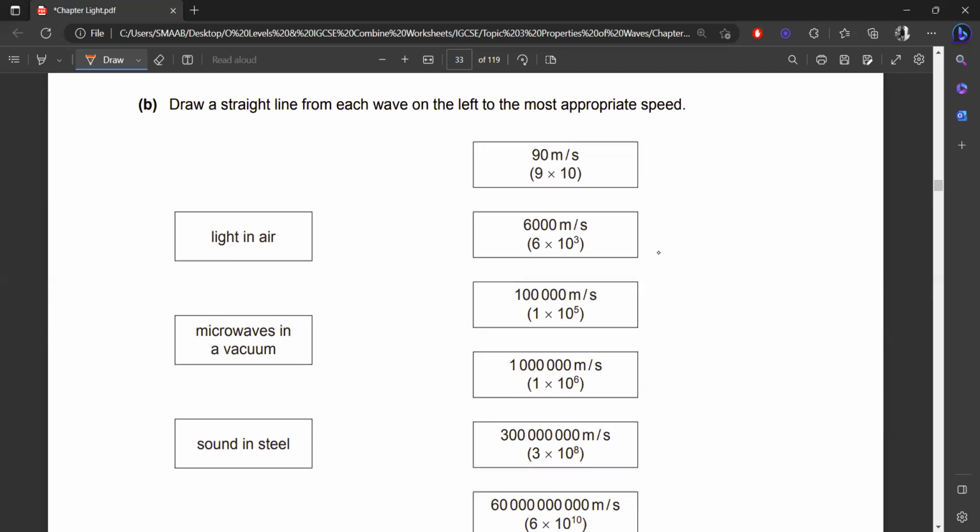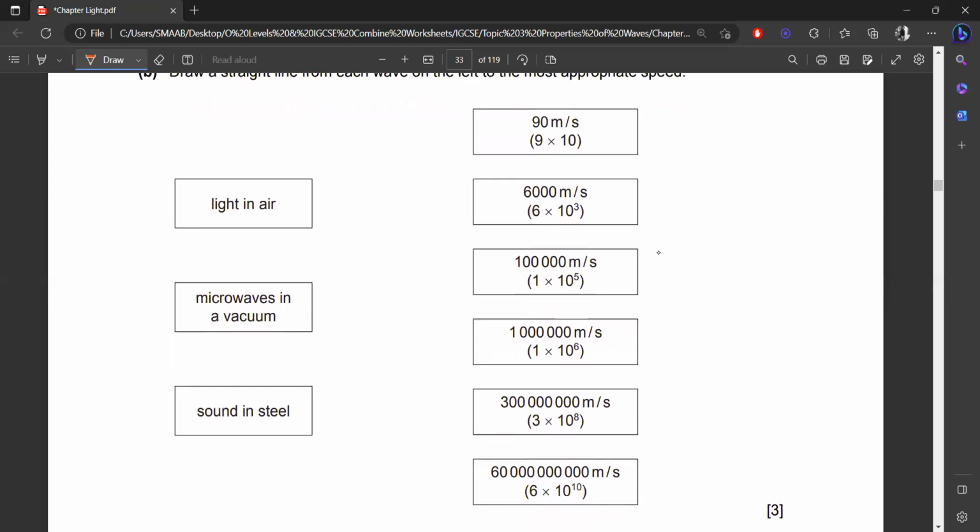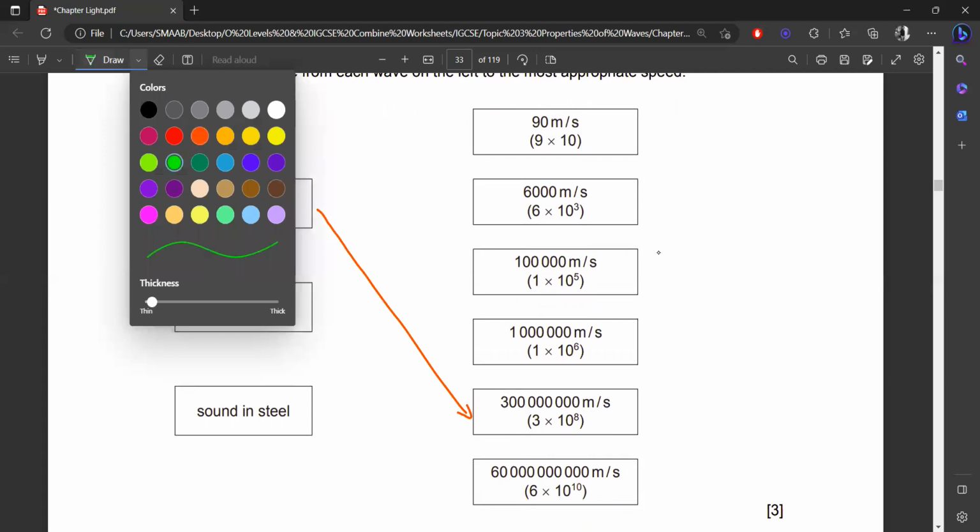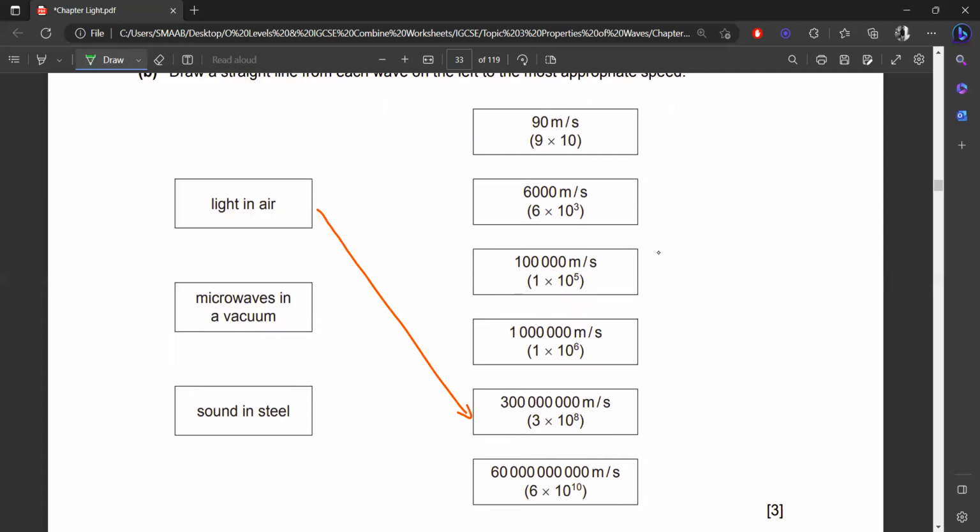Part B. It's 3 times 10 to the power 8. For light, we know that is 3 times 10 to the power 8. And it's the same for microwaves, because microwaves are electromagnetic.